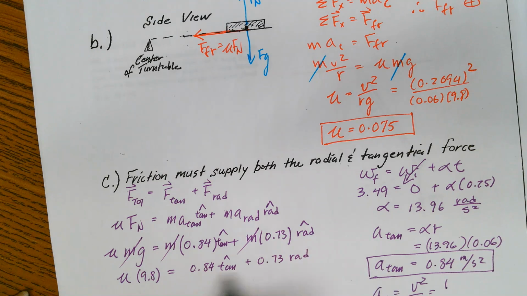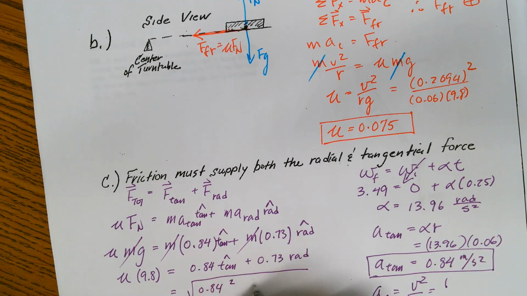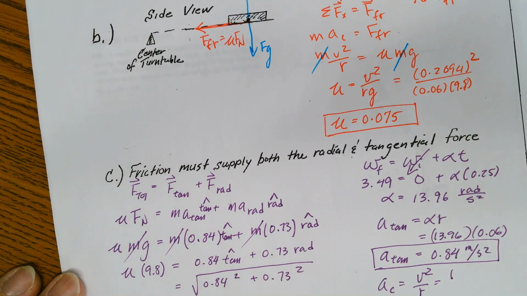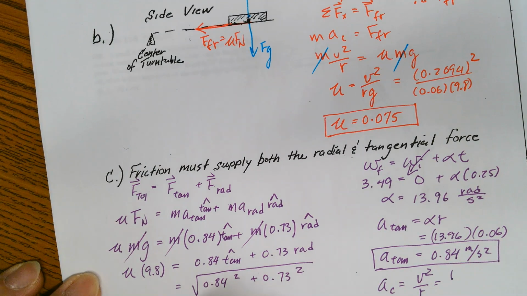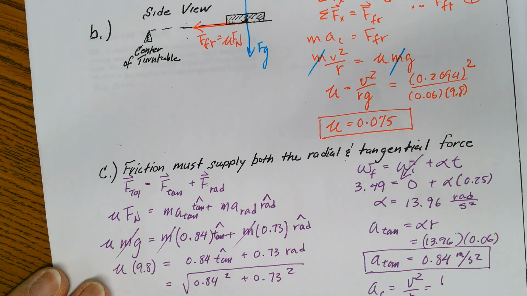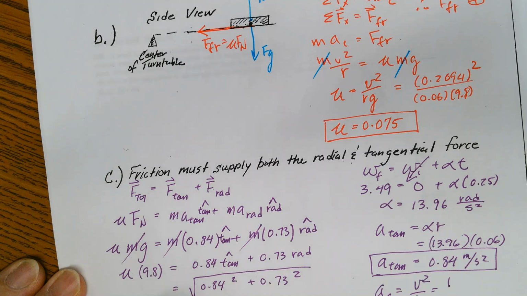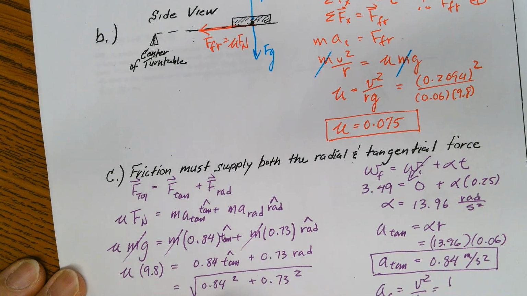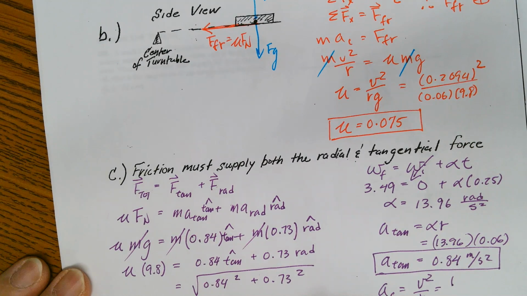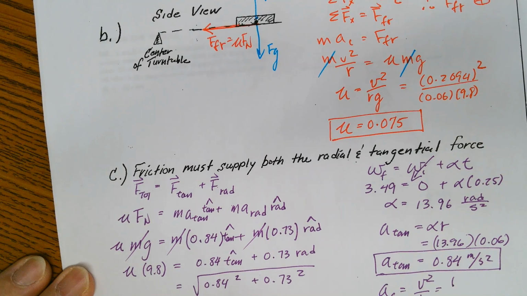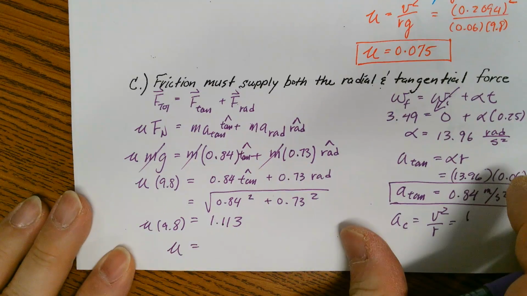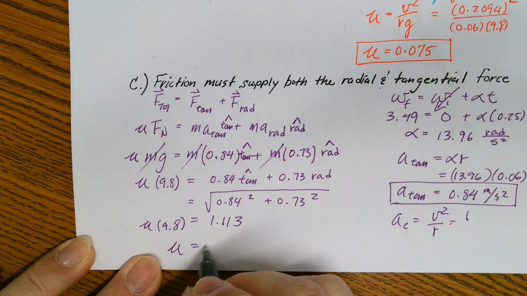The magnitude of this is really nothing more than the square root of 0.84 squared plus 0.73 squared, which is equal to 1.113, which is mu times 9.8. So mu comes out to 0.11.